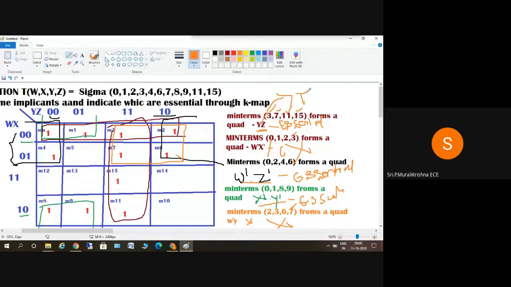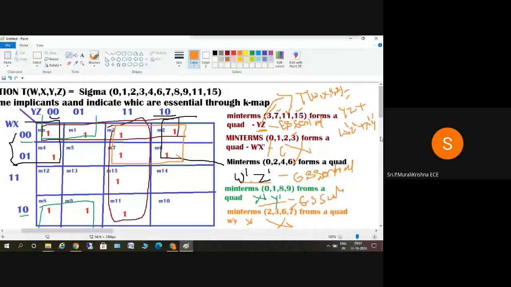So these three are the essential prime implicants. So the final expression of T of W X Y Z, the minimized expression, will be equal to YZ plus W bar Z bar plus X bar Y bar. Okay, so that will be the final sum.